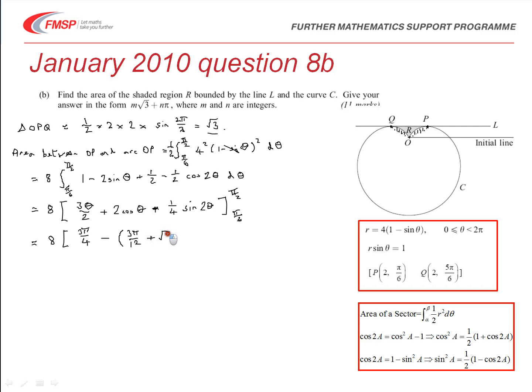And then we get minus pi by 6 doubled is pi by 3, and the sine of pi by 3 is also root 3 over 2 times the quarter gives us root 3 over 8.